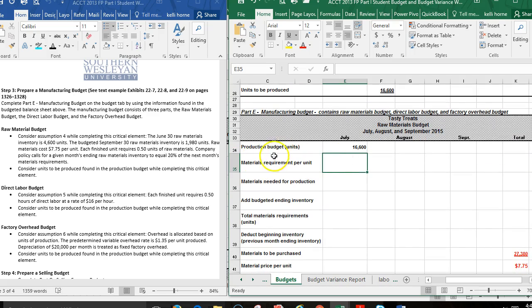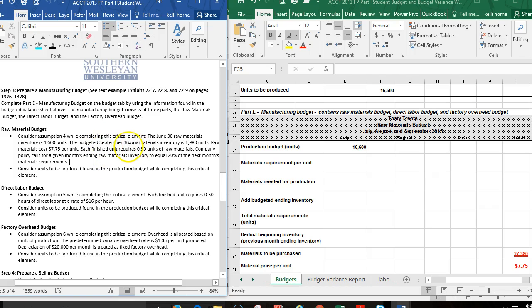Now, my next line says materials requirement per unit. So this is where I have to go back over to my assumptions and my instructions, and I have to review those and become familiar. And here we see that we need to consider assumption 4 when we're completing the raw materials. It tells us that our June 30th raw materials inventory was an actual of 4,600 units.